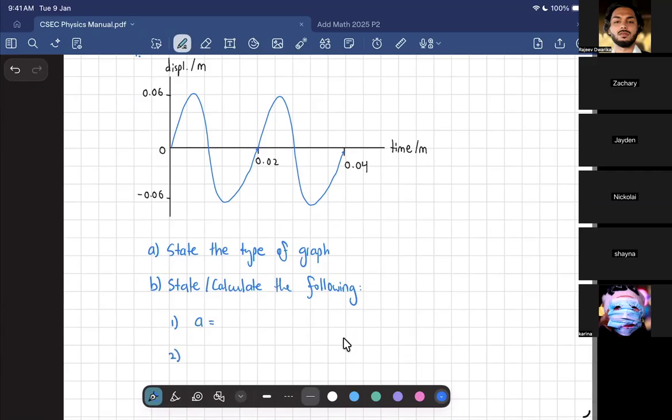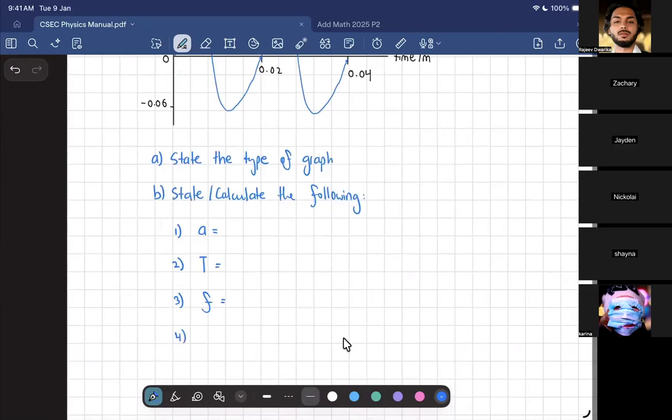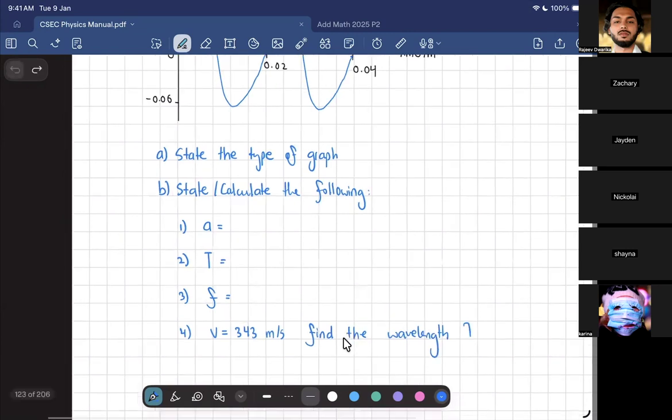Number 2, tell me what the period is, so tell me what T is. Number 3, tell me what the frequency is. Number 4, if I tell you that the velocity is equal to 343 meters per second, find the wavelength. So that's your homework here.